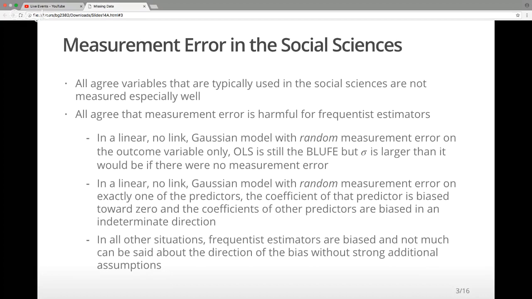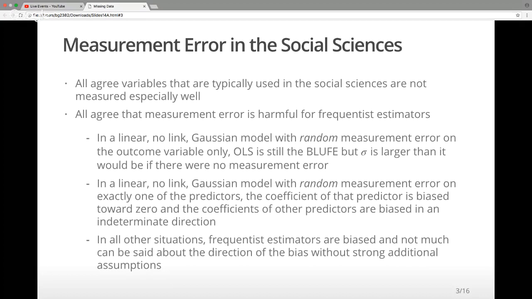So as long as you can reject the null hypothesis, then maybe this isn't so bad. But that presumes that your goal in life is to reject null hypotheses. If your utility was based on the predictions that come out of that model, then the fact that you have measurement error is going to make those predictions worse, and that can be bad for all sorts of reasons.